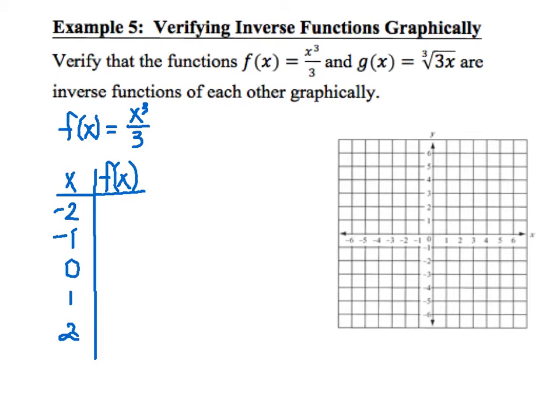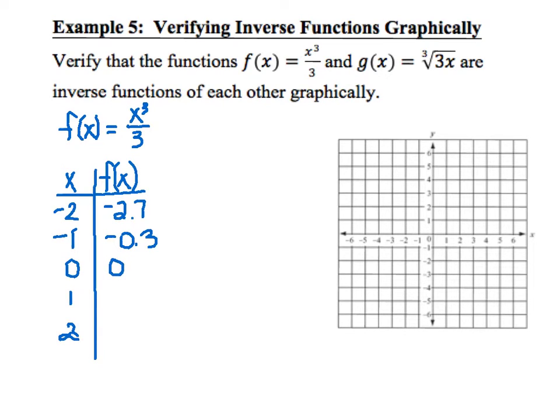So you plug in -2, you're going to get -8 over 3, which is -2.7. Plug a -1 in, you're going to get -1/3, which is -0.3. Plug a 0 in, you're going to get a 0.